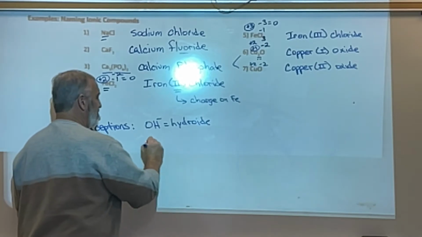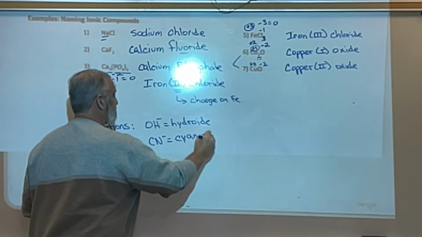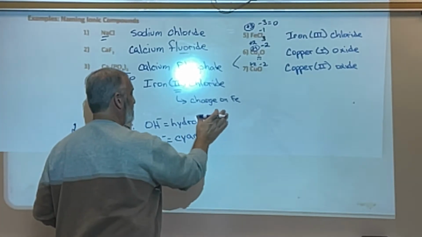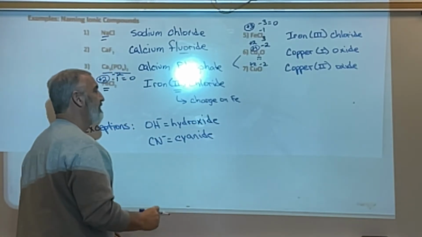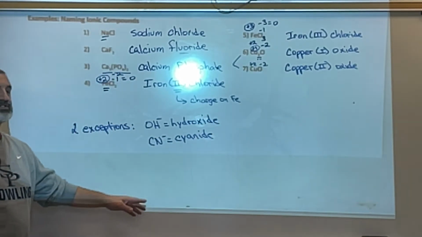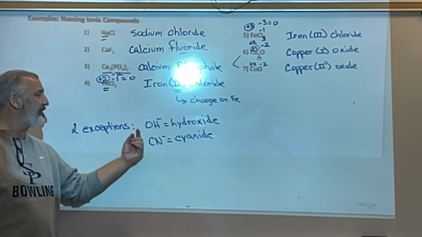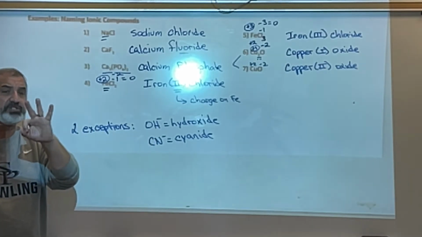And the other one is CN minus, which is cyanide. Those are the only 2, oh Lord, I misspelled this. Hydroxide, sorry. Okay, cyanide and hydroxide. Those 2 ions are polyatomic, but they don't end in ate or ite. They're just unique. So there's 3 unique ones you need to know.